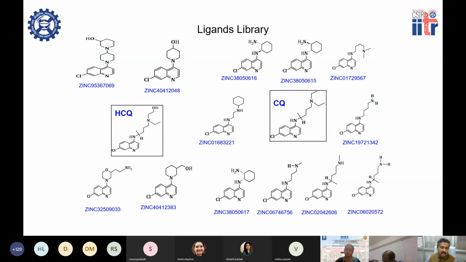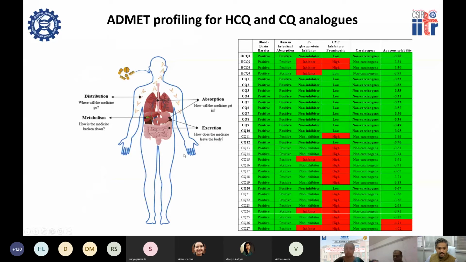So first we generated the library. As I said, the chloroquine structure is shown in the center and hydroxychloroquine on your left. And we developed some analogs to it. Those analogs were screened for various ADMET properties and further screened to remove those compounds which are having alerts of various inhibition or adverse effects.